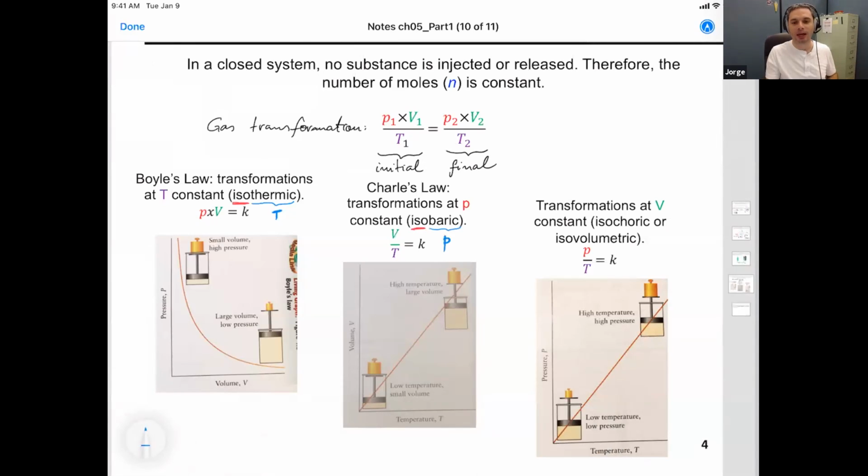Therefore, anytime that's mentioned that a transformation is isobaric, that means the pressure of the system is kept constant. The initial pressure has to be equals to the final pressure.